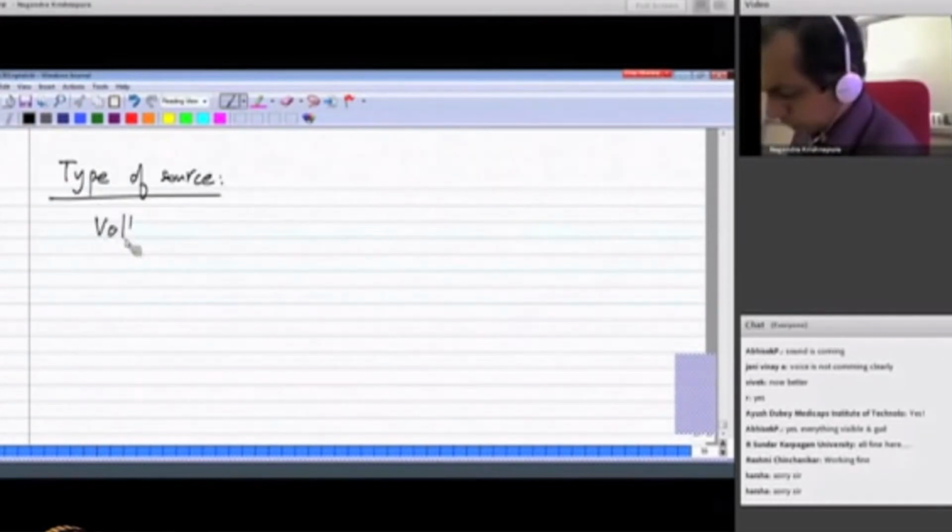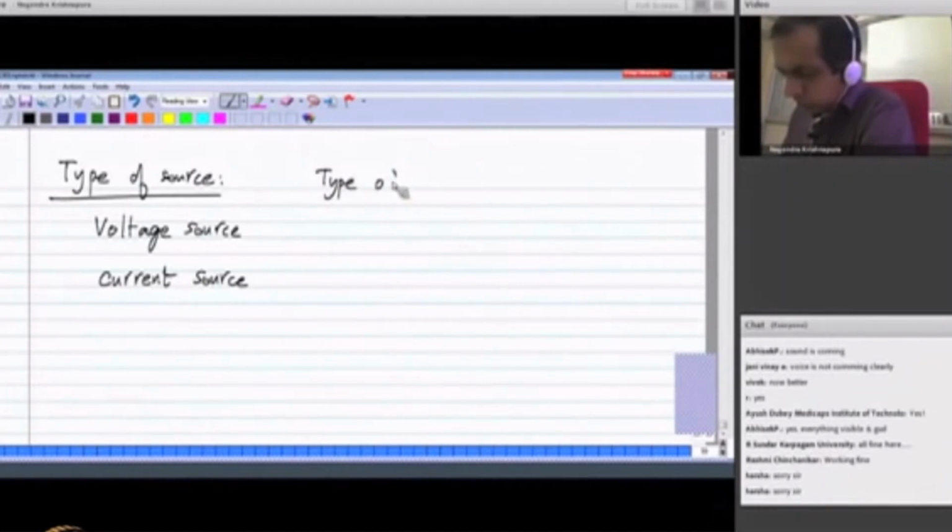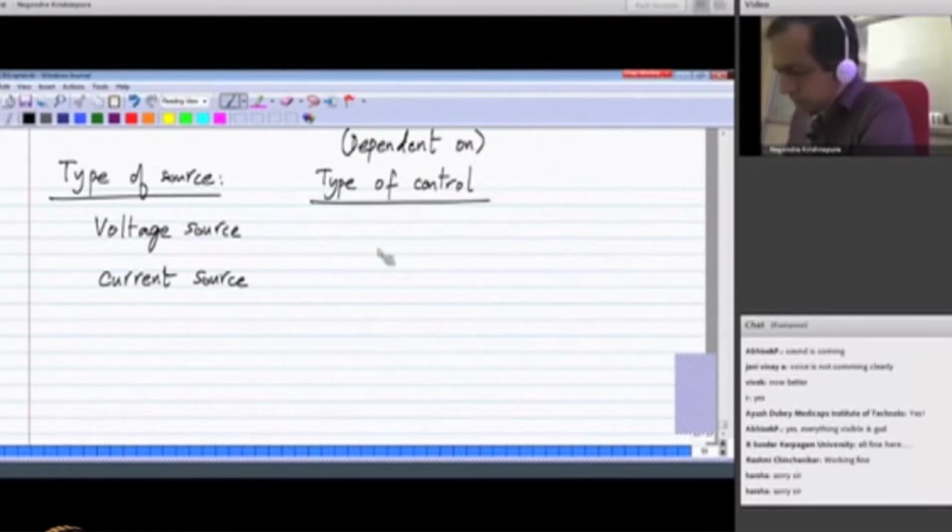Two types of sources: a voltage source and a current source, and they can be controlled by, or dependent on, either a voltage or a current.